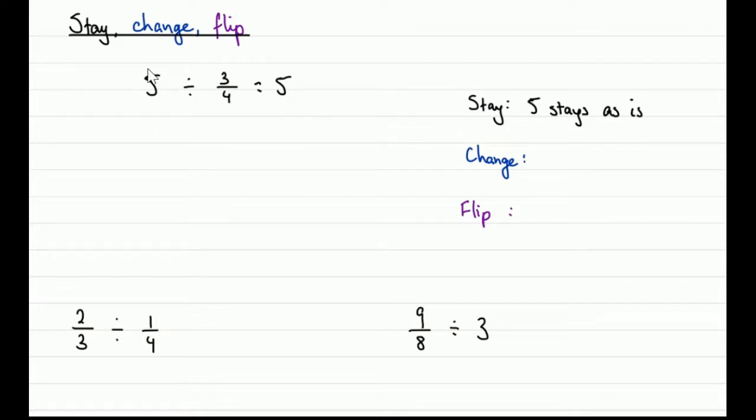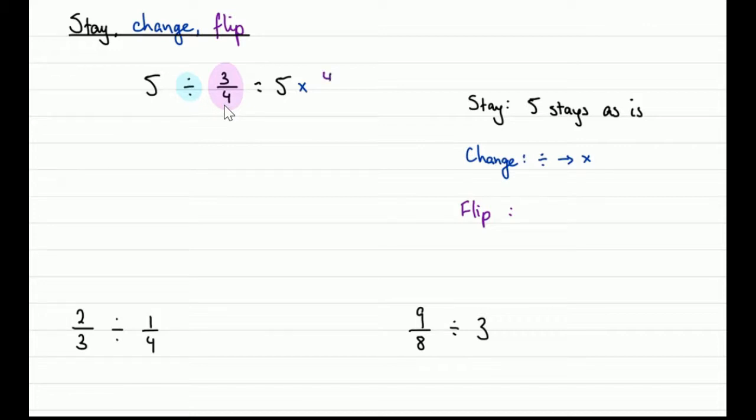The change. Now the change comes in that division. We're actually going to change that to a multiplication. So for the change, we're turning a division into a multiplication. And then my last part, my flip, we're going to flip that fraction that comes immediately after the division sign.